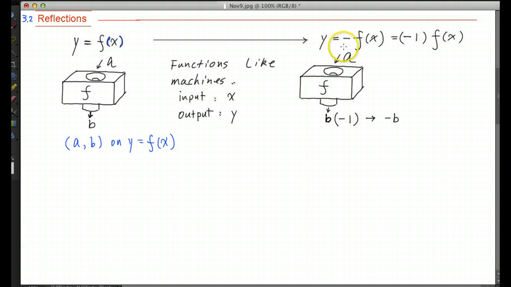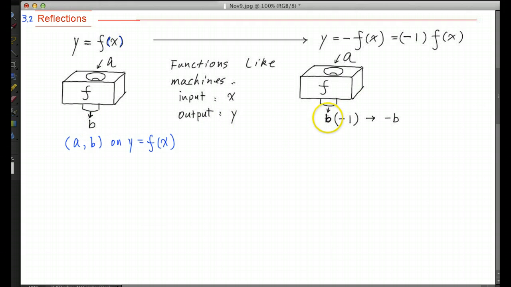We're going to see what kind of point corresponds to it on y equals negative f(x). Think about it this way. If we put the same input a into this machine, because you didn't change anything in the f, after the machine f it should produce the exact same b as you had here.